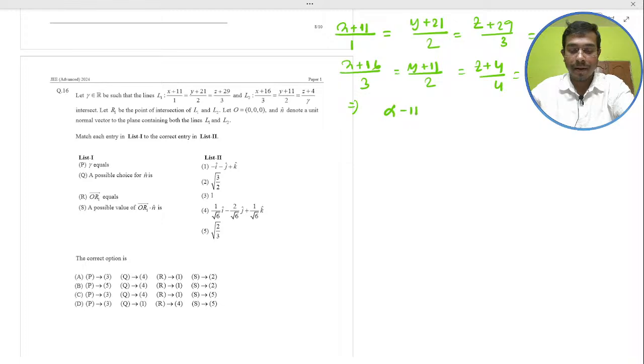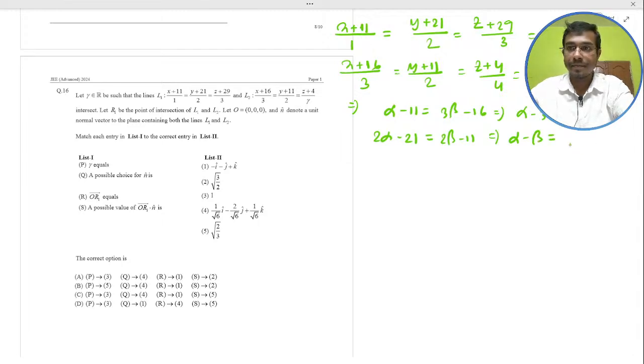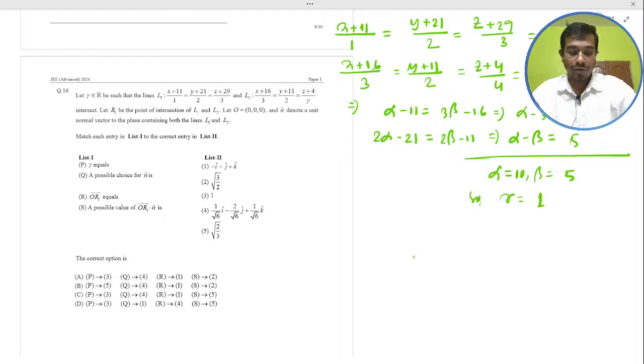So alpha minus 11 equal to thrice beta minus 16. That means alpha minus thrice beta is minus 5. And twice alpha minus 21 is twice beta minus 11. That means alpha minus beta is equal to 5. Solve these two, you would get alpha equal to 10 and beta equal to 5. So obviously gamma equal to 1.